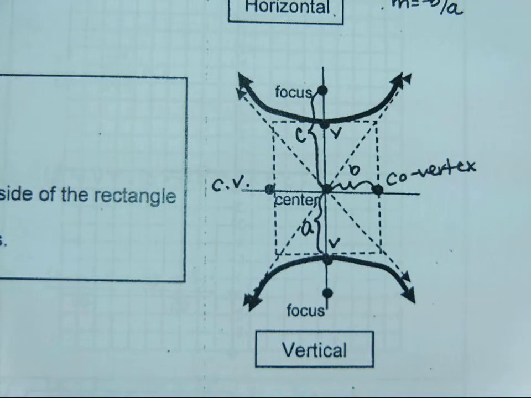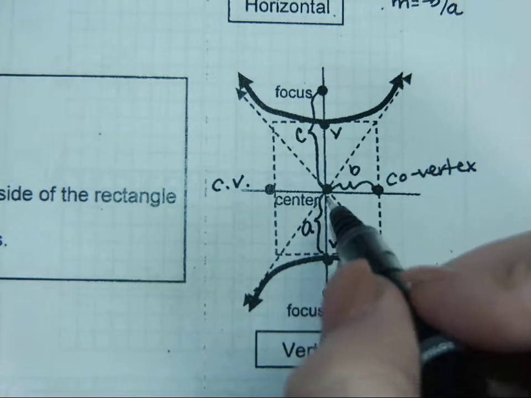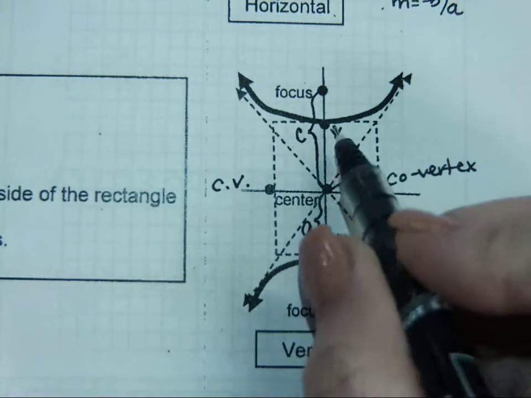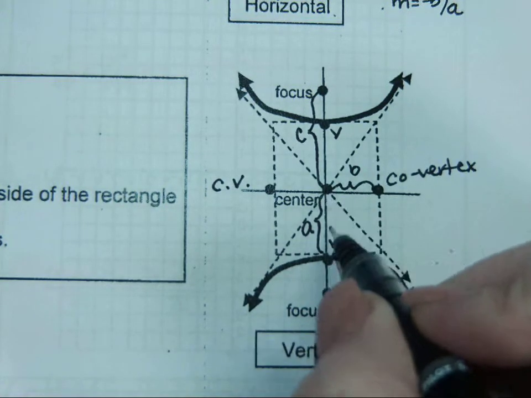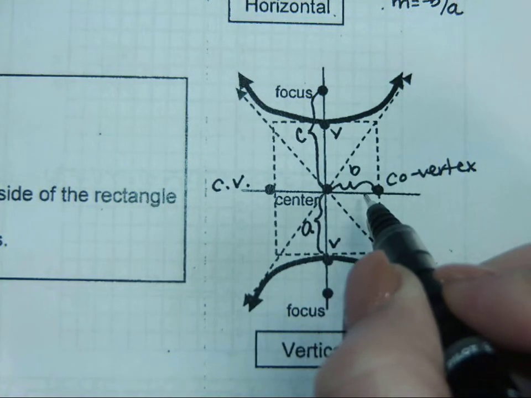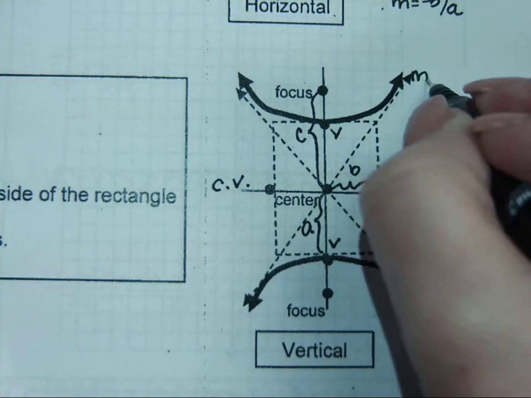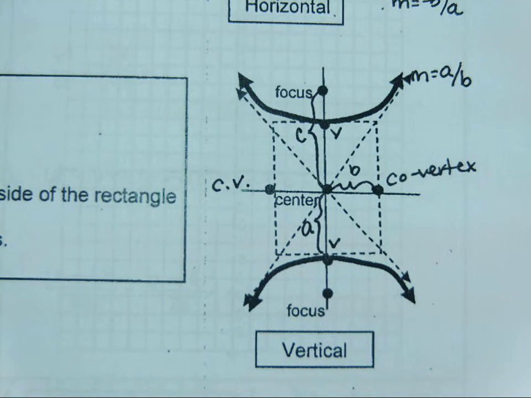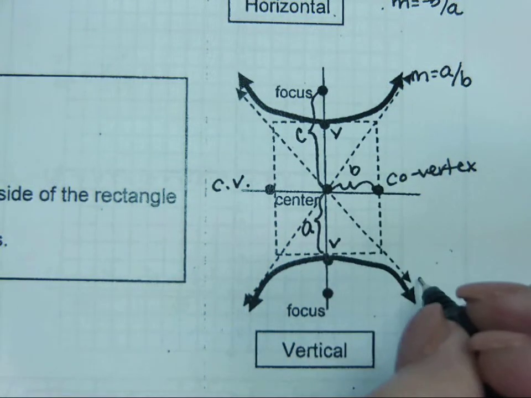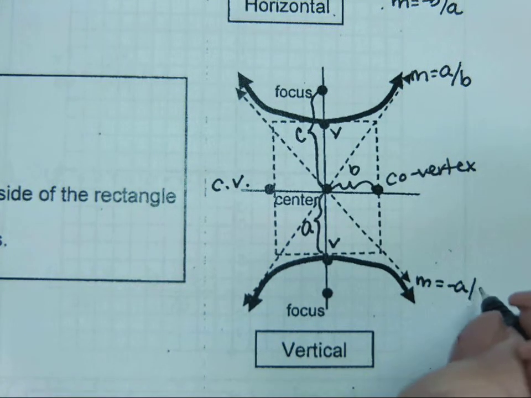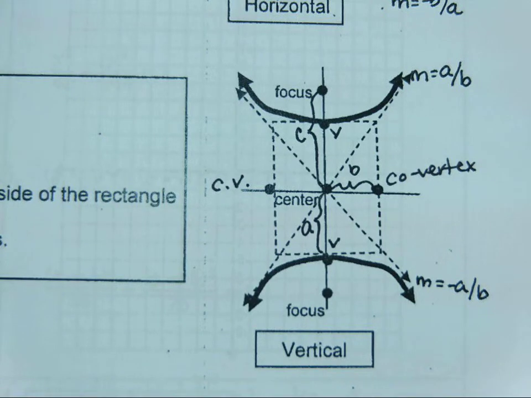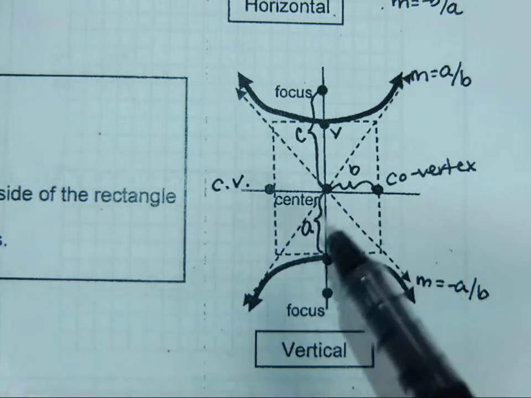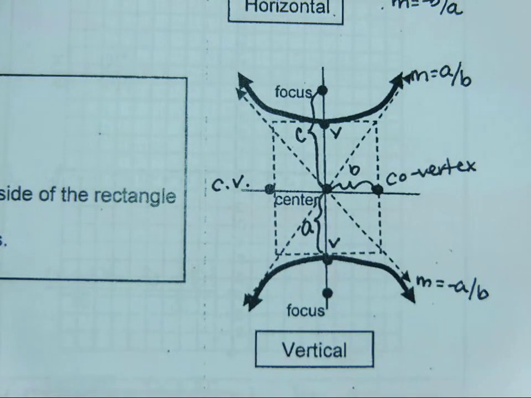And so again, if we are going to try and find our asymptotes, now the vertical value here is A and the horizontal value is B. So now your slope is going to be the opposite. It's going to be A over B, or your slope is going to be negative A over B. So it just depends on which is your vertical and your horizontal to create the slope.